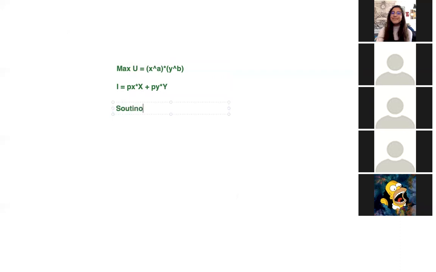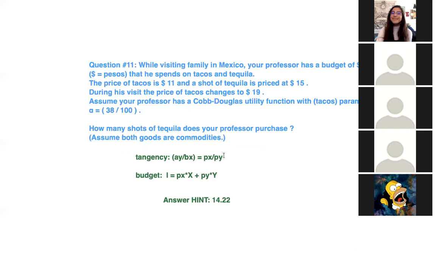So we're going to have these two conditions, the tangency condition, which we already mentioned, and I don't want to write it down again, and the budget. And so let's see if I can go back here and copy some of the stuff that I had before.